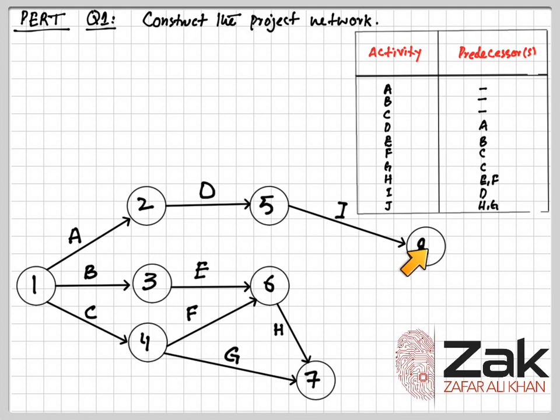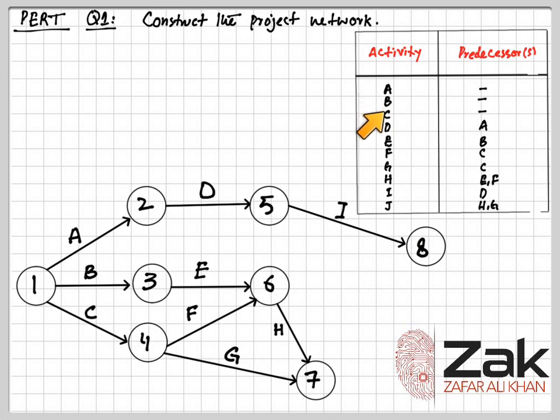Then we have J. J starts when both H and G are completed. Our J is the last activity on the table and on the network chart, so it will end at the last node, which is 8.